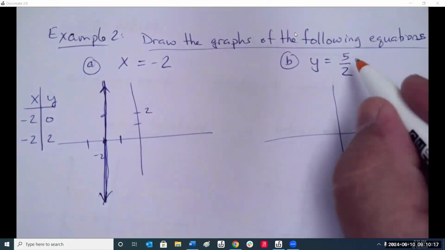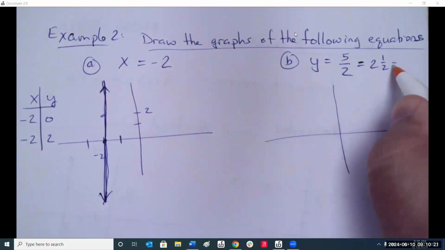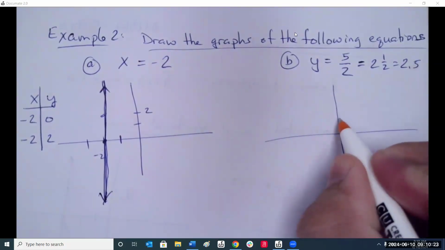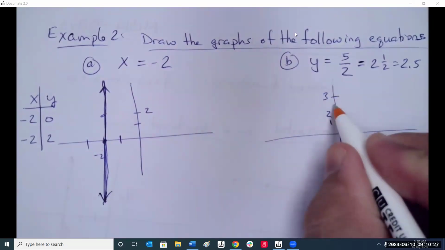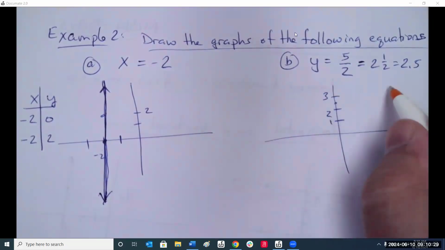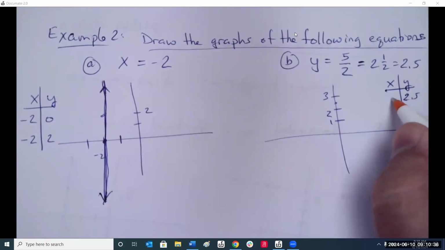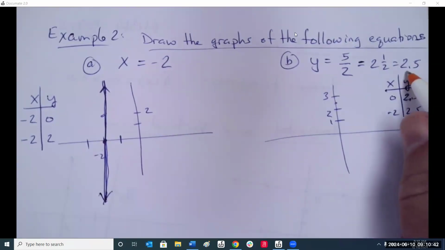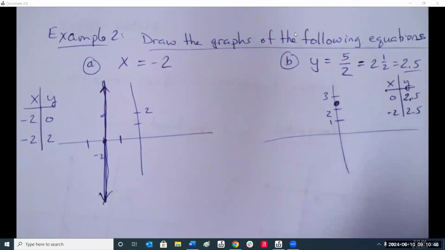Likewise, this next one, y equals 5/2, which is 2.5. Which is right there. So we need a couple of points. Y is always 2.5. X can be 0. X can be -2. But y is always 2.5. So at 0, it's 2.5.